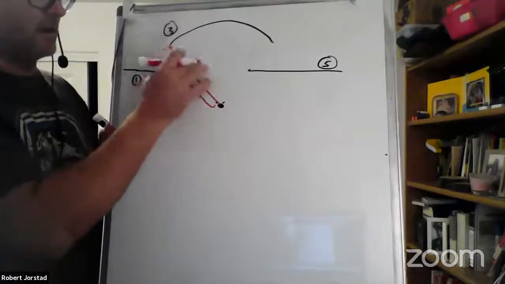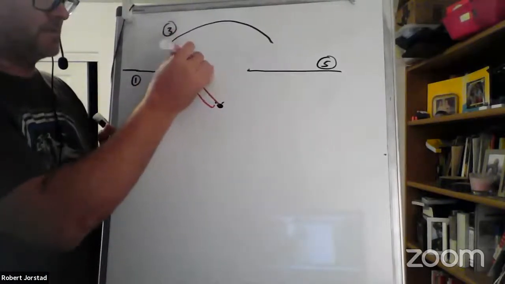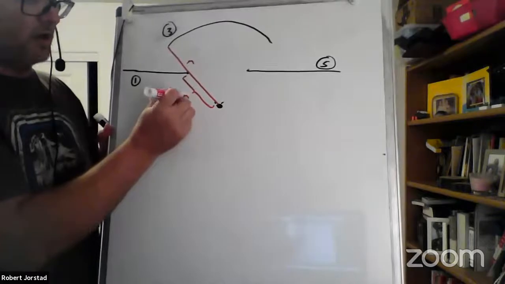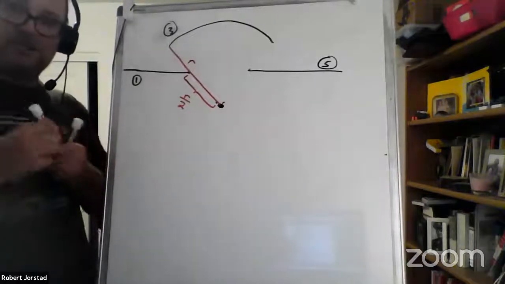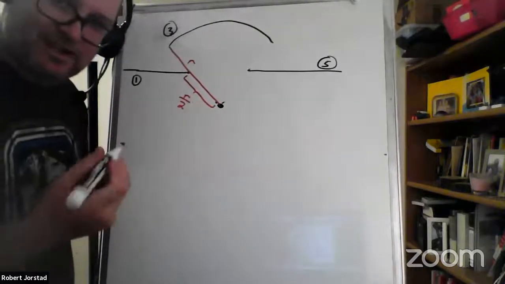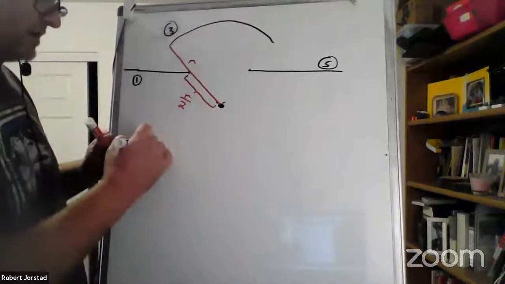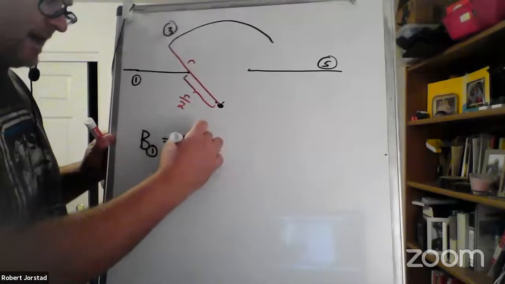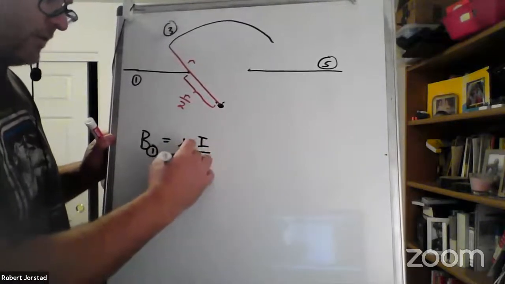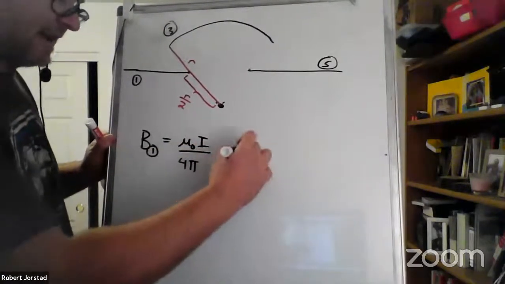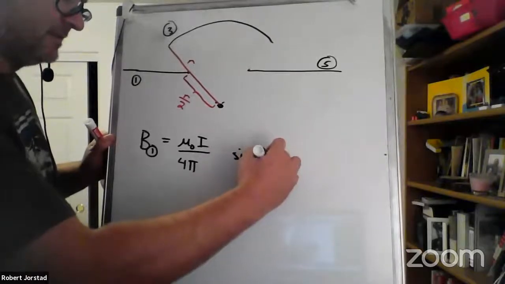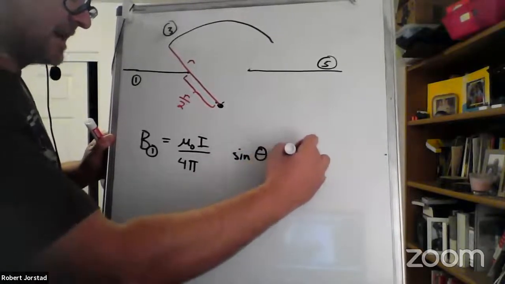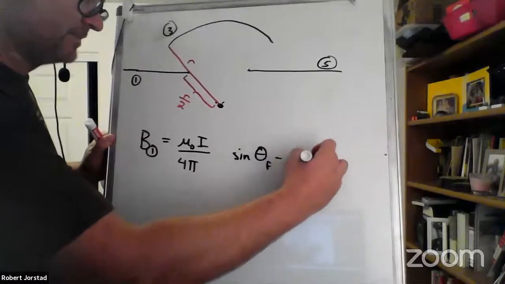Wait, this was little r, I think, in this problem. And this distance is r over 2. So we may end up using a straight line segment. Let's say we're going to do segment 1, right? That would equal mu naught I over 4 pi times sine theta final minus sine theta initial.